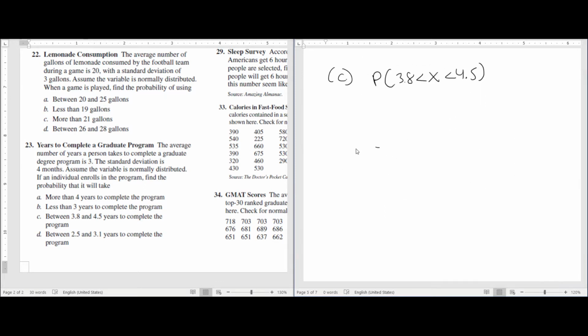So again, draw it out. The mu is 3, and it's going by 0.33s.